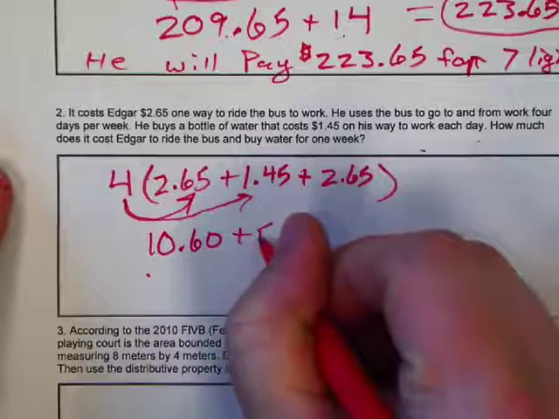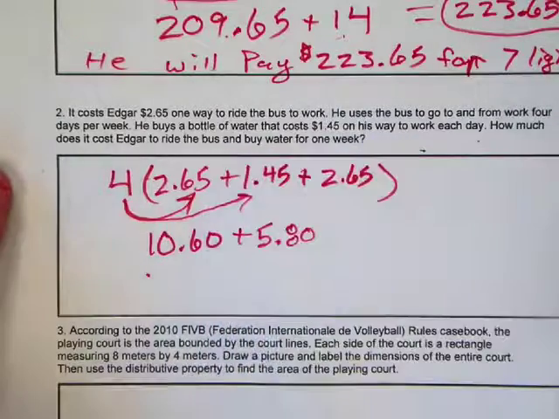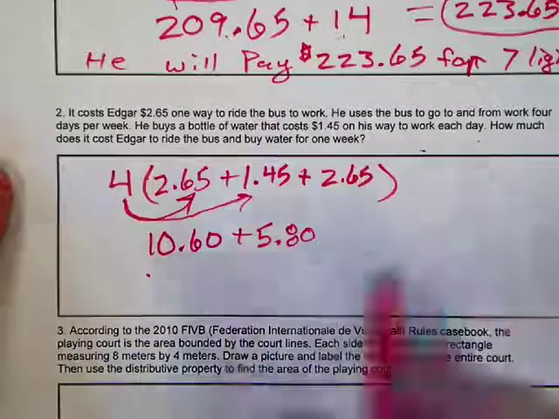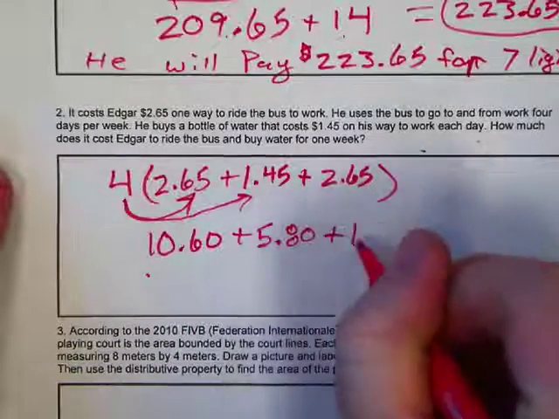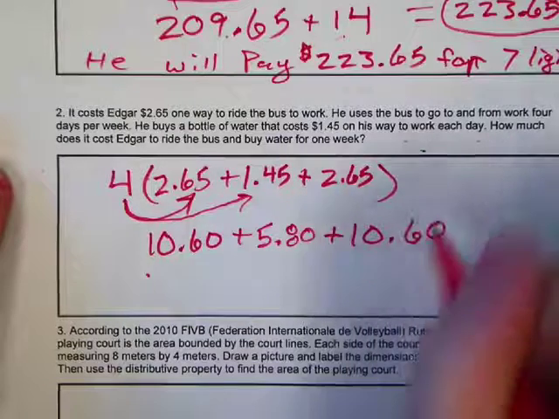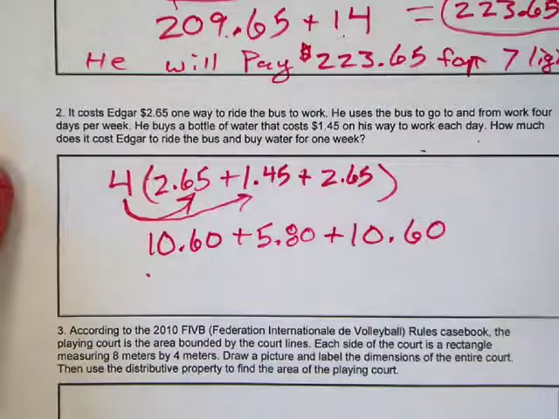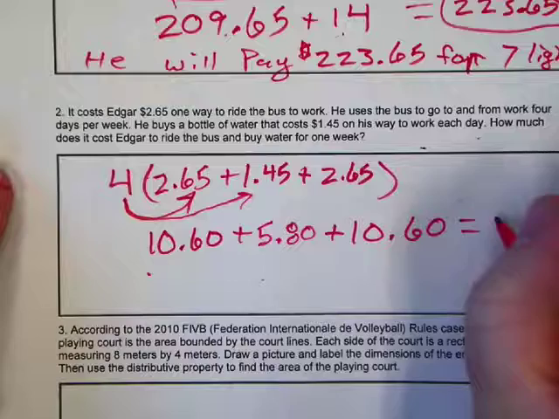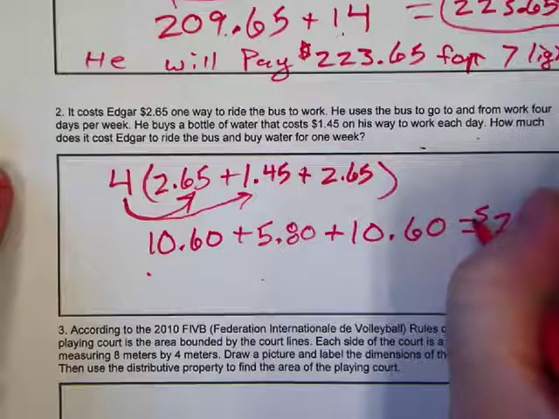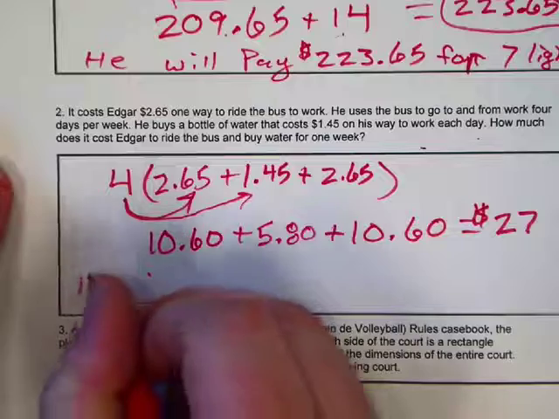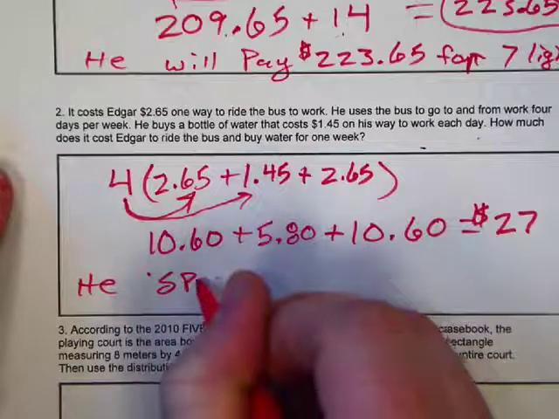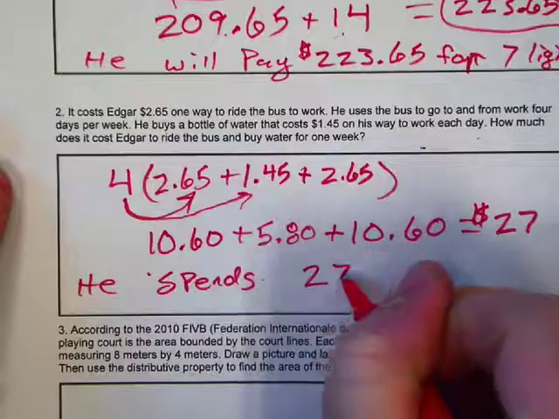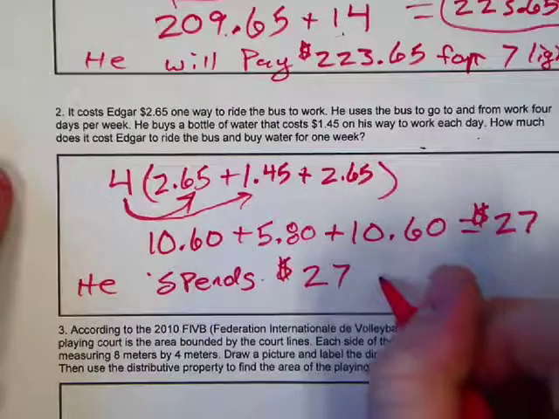So positive 5.80. And that's going to be the same as here, so plus another 10.60. Now we add those together, and we get 10.60 plus 10.60 plus 5.80, and we see he spends $27 a week. Okay, so he spends $27 each week.